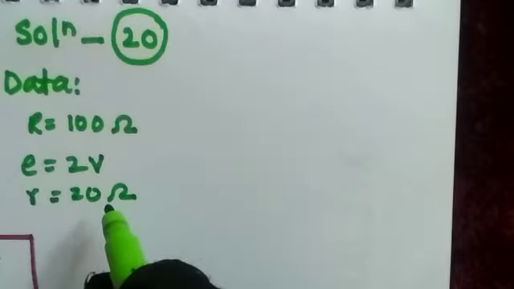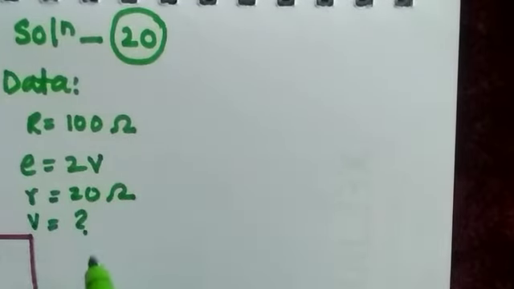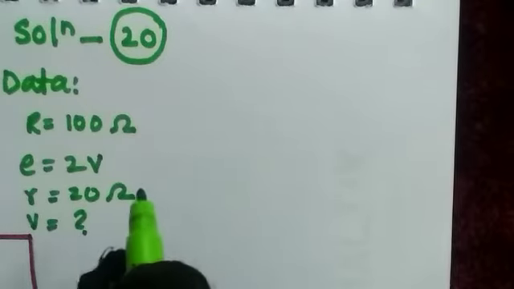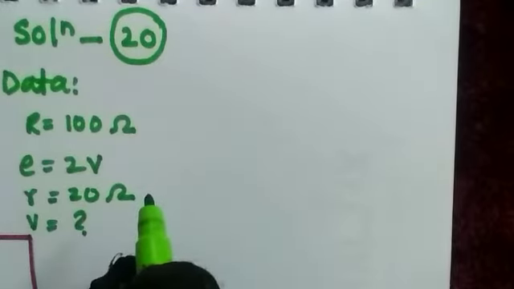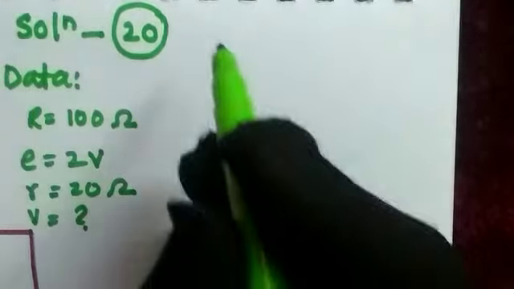And what do we have to find? We have to find the reading of the voltmeter, that is, we have to find V. This numerical is quite similar to numerical number 12. So let's start solving it. Again, as we have to find potential difference, V is equal to IR must be the basic formula.